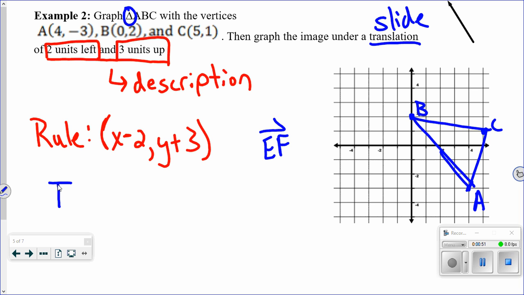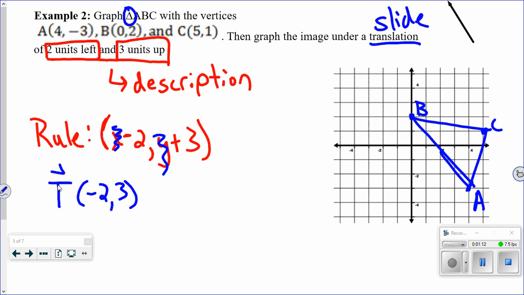But if there's no specific point to point, we just use T with a half arrow. We just extract the vector from our rule, taking the x and y out and leaving our vector: T half arrow, parentheses -2, comma 3.